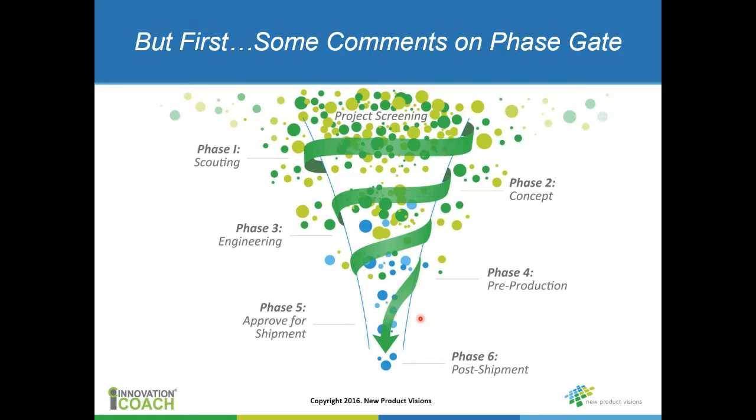Phase gate is a very common tool used in industry. It consists of multiple phases, and each phase has some high-level deliverables. For instance, the scouting phase is probably going to consist of the marketing documentation for the project. It might include some patent searches and maybe some scouting of basic technologies and so forth.